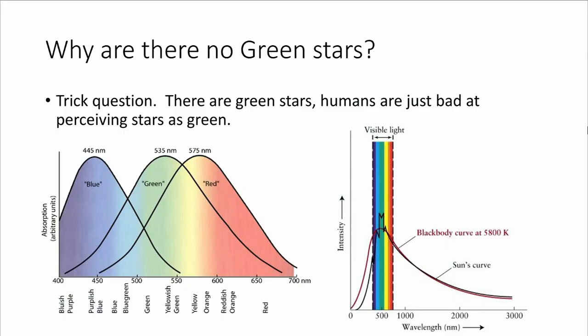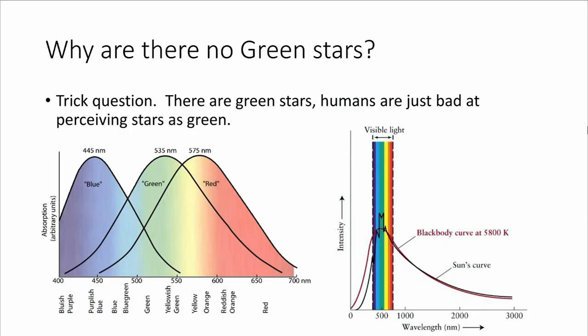So we have cones that are good at detecting blue light, and so you can see the curve of ranges that would activate a blue cone. Then you have the green sensitive cones that overlap with the blue and the red, and then you have these red cones that are sensitive to red, but also all these other colors.